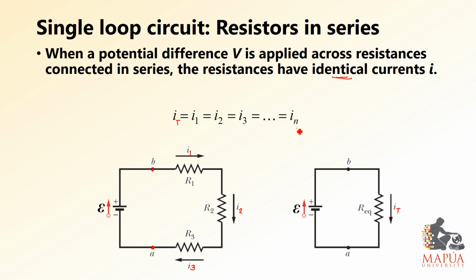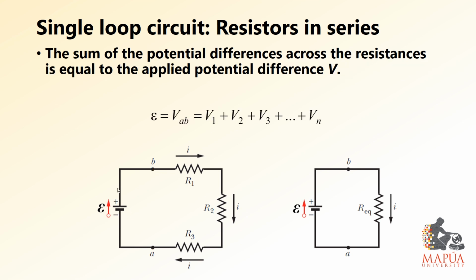And if we have n resistances connected in series, that is also equal. Now, by conservation of energy, because you only have one source of energy, this energy can now be distributed throughout R1, R2, and R3.